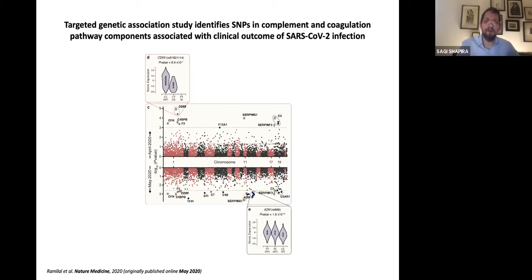And indeed, we found a number of them, and they repeated across 2 different cohorts, and suggested that indeed complement and coagulation polymorphisms may contribute, at least in part, to severity of disease.